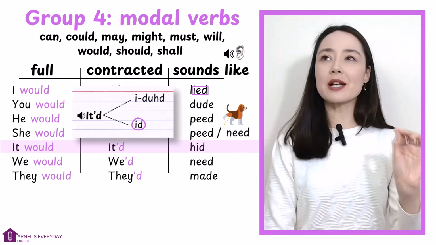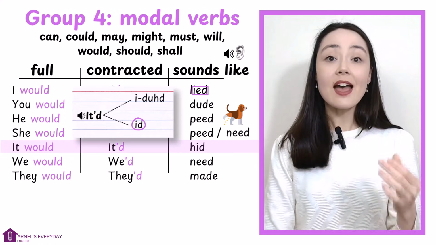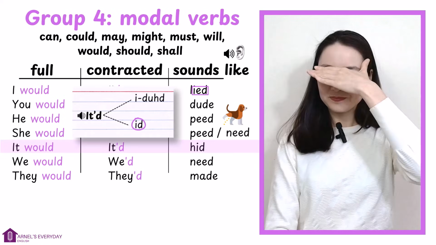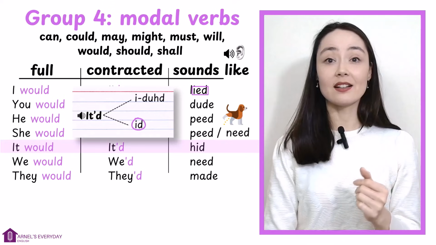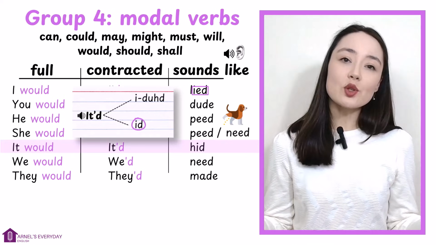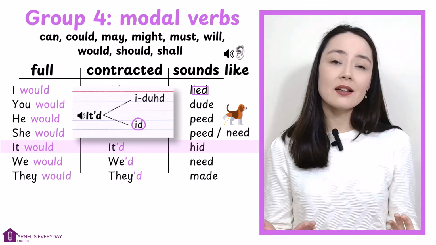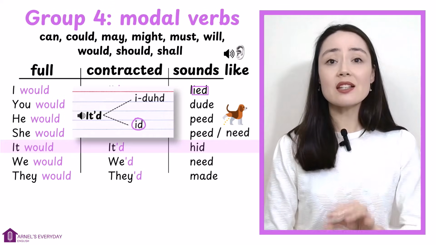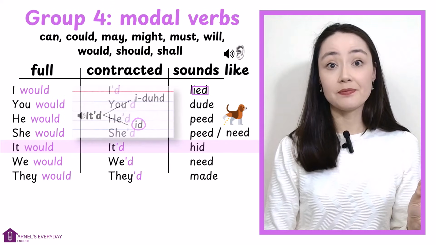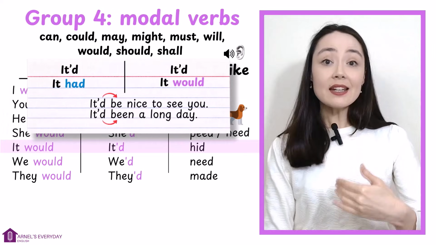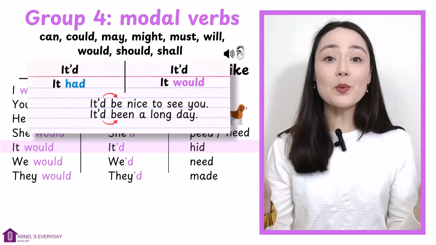That's the best way to pronounce it. Just like the word hid. Yes, we can't have two syllables. But make your life easy. Just say it'd. It can be it had or it would.